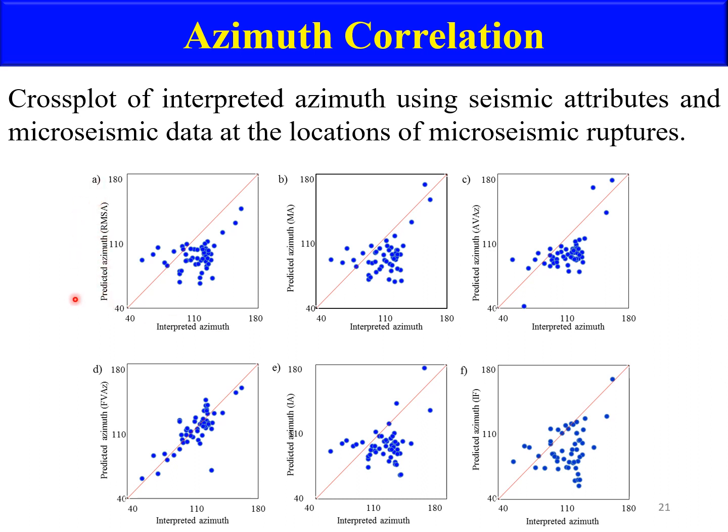The vertical axis is the predicted azimuth using different seismic attributes. It is very obvious that the predicted azimuth using dominant seismic frequency has the best correlation with the benchmark azimuth computed using microseismic data.